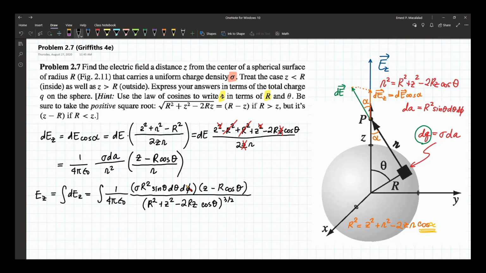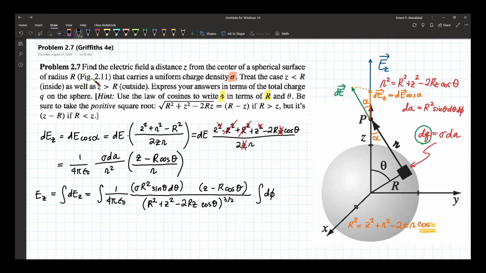Okay, so you will notice that phi can be taken out. In other words, we can separate d phi here with an integral sign. So this becomes the integral of d phi.